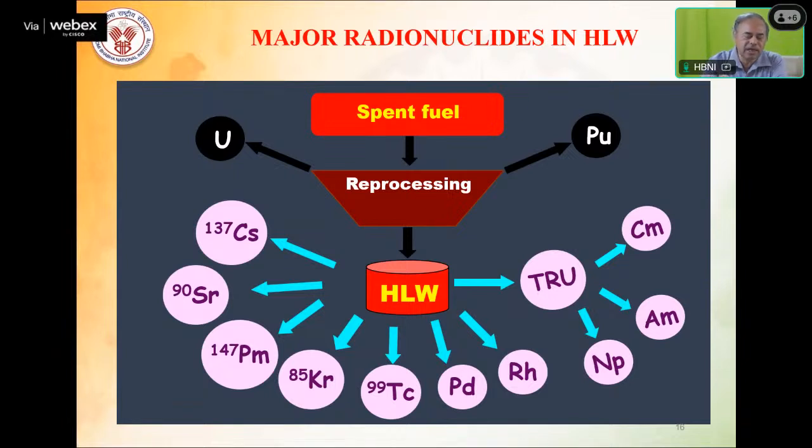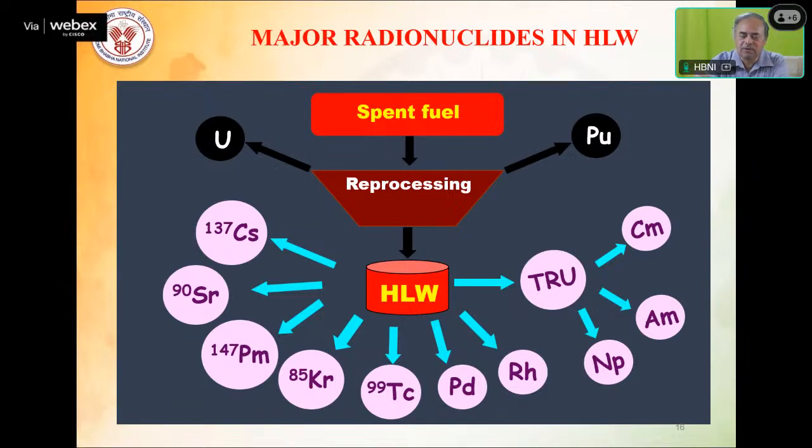Now, fission products are like cesium, strontium, krypton, technetium, then transuranics like neptunium, americium, curium, and so on. So many fission products are there which have many applications for industry, for medicine, or defense purposes.